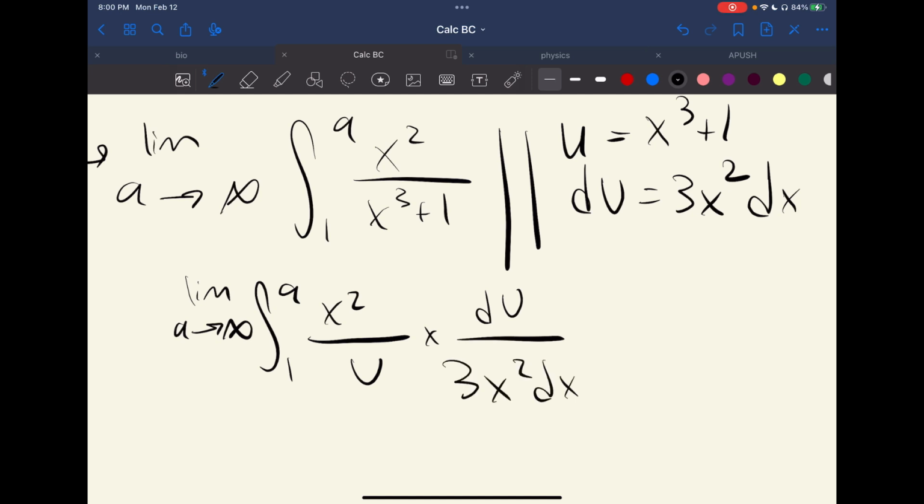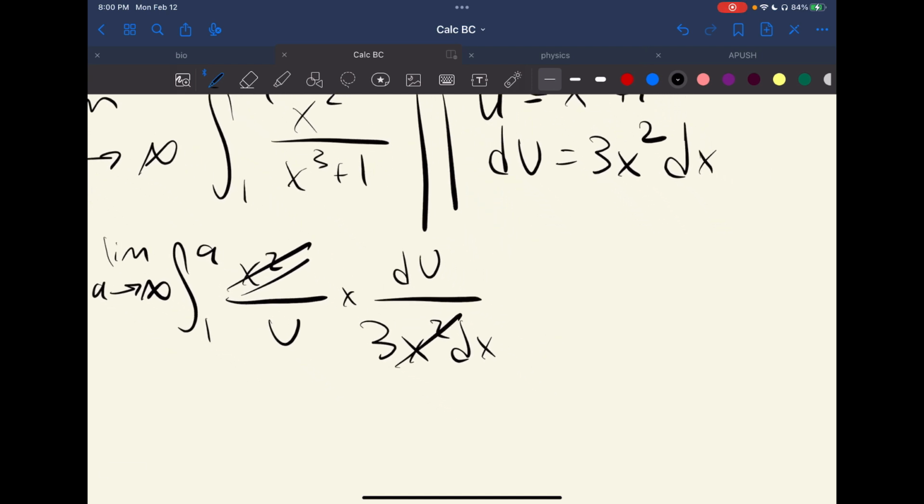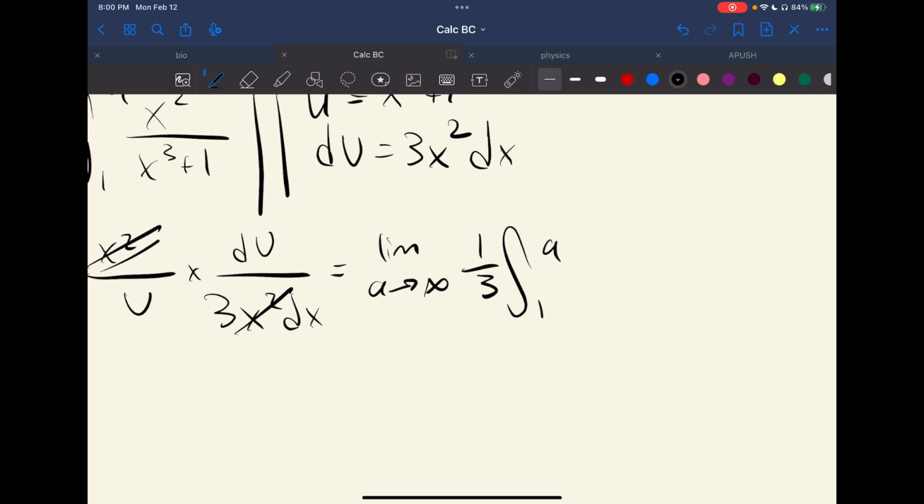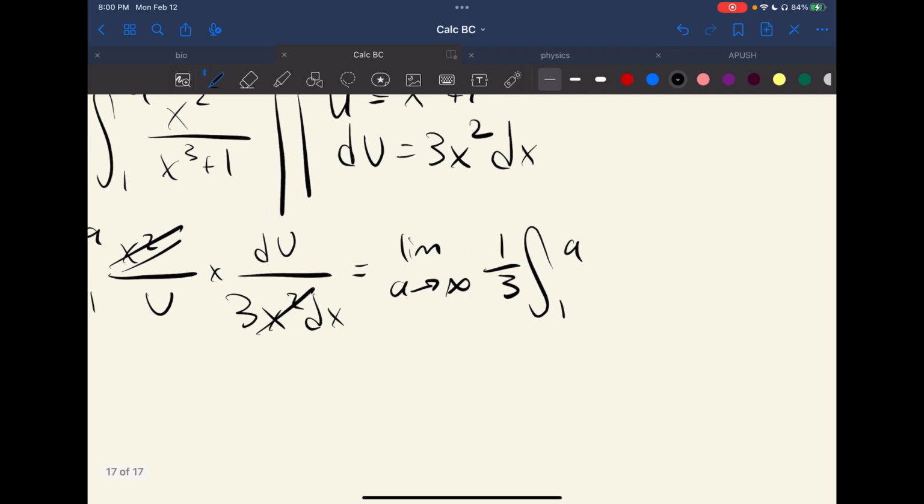So these are going to cancel out. You're going to have a 3 left, so you can put the 3 out. So limit as a approaches infinity of 1/3 integral from 1 to a of 1 over u du.